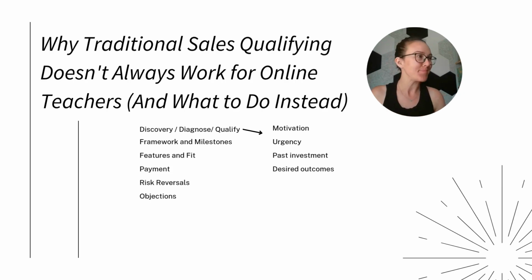Or you can have them envision what success would look like. So something like, how would you envision your kid feeling about reading after being a part of this enrichment offer? Those are the kind of questions you want to ask in order to qualify people for your offer.